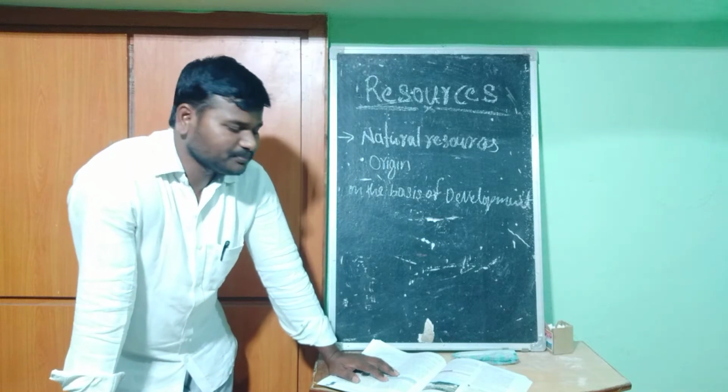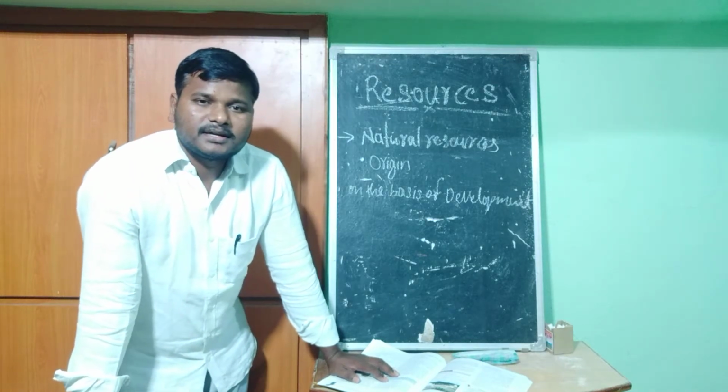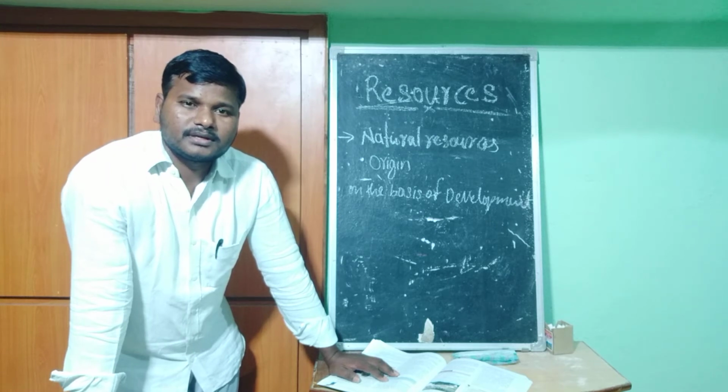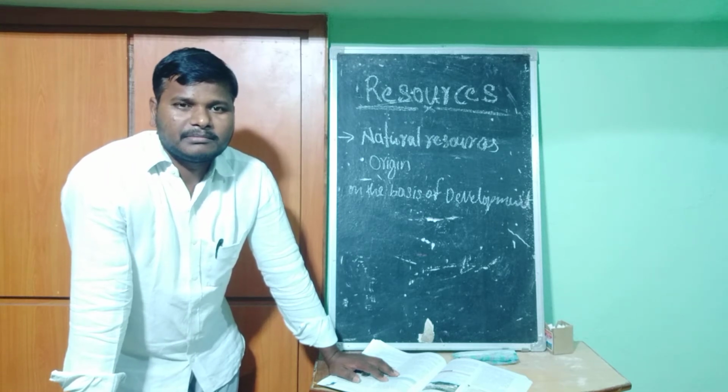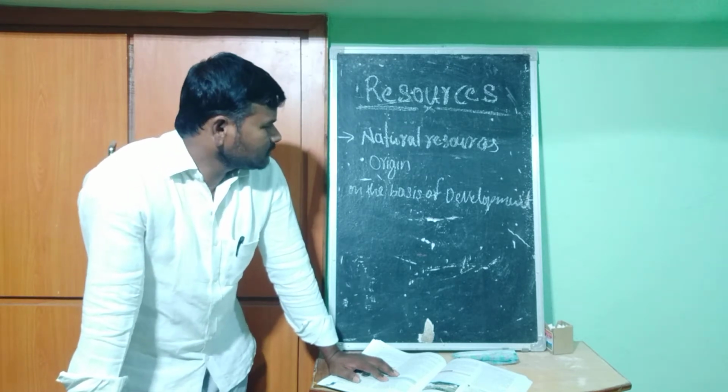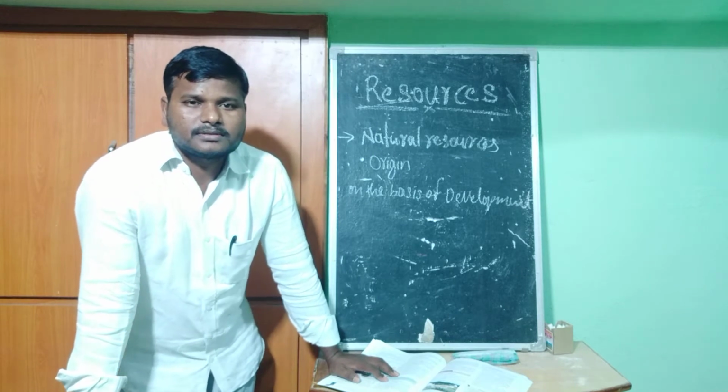Hi children, in the first class we learn about resources. In the resources, natural resources, man-made resources, human resources, and in that first one we learn about the natural resources.